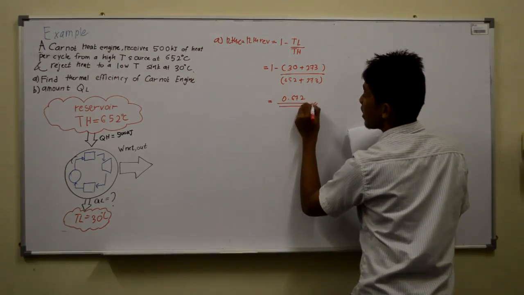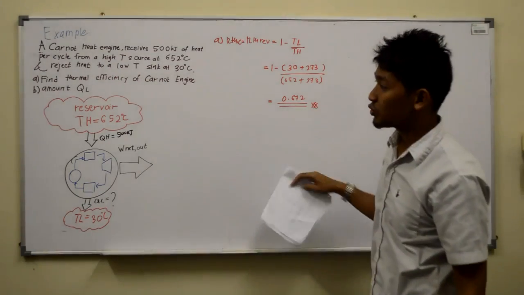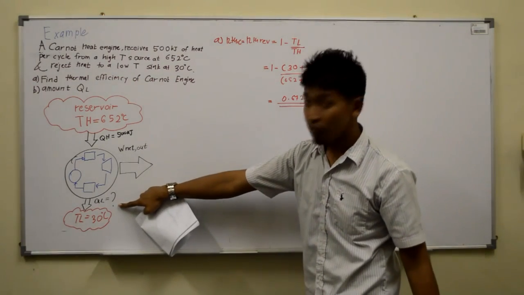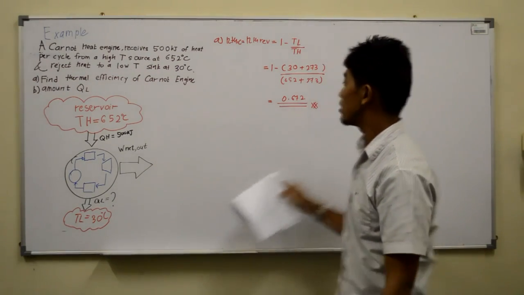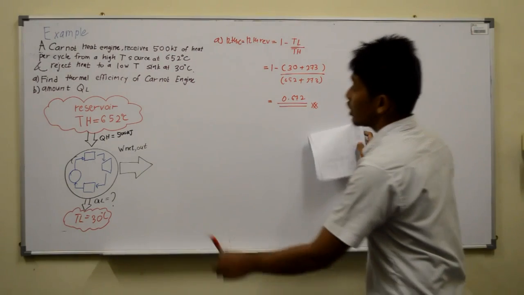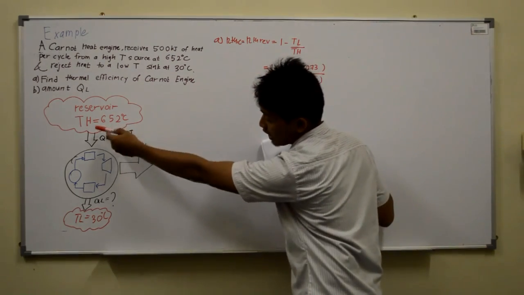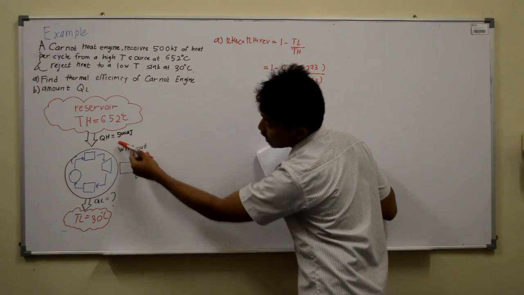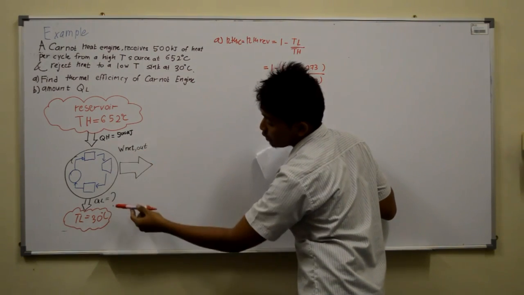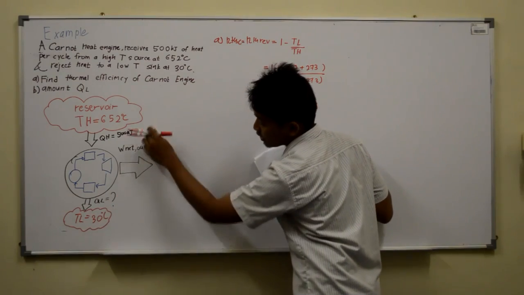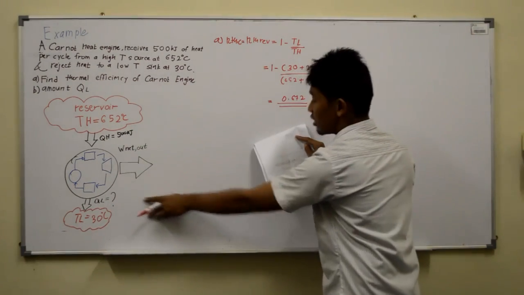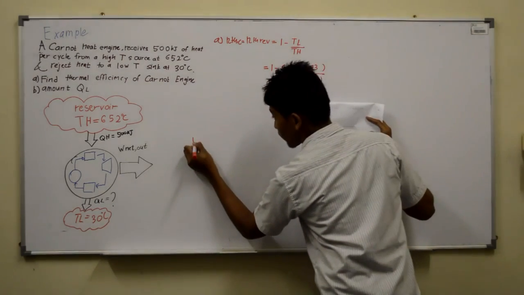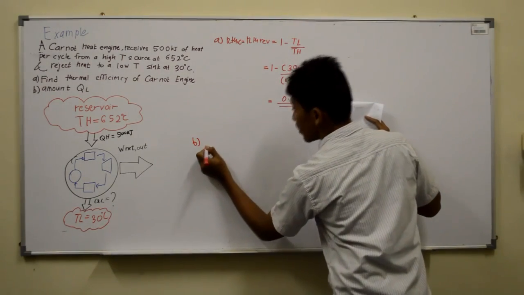This is the answer. Then the next question is to find the lower heat QL, the amount of heat that is released. We have the value of TH, the high temperature, we have the value of the lower temperature, and we have the high heat, and then we have to find this. So based on these three given values, we can find the lower heat. You can write the formula.